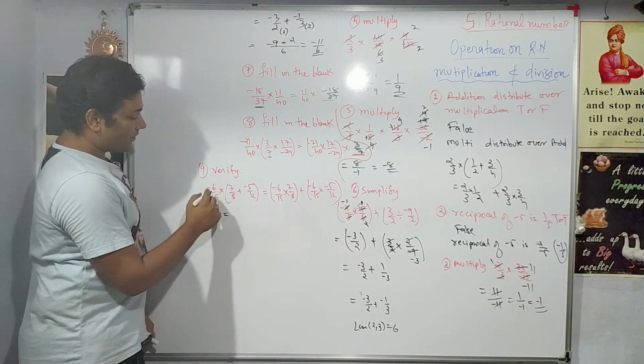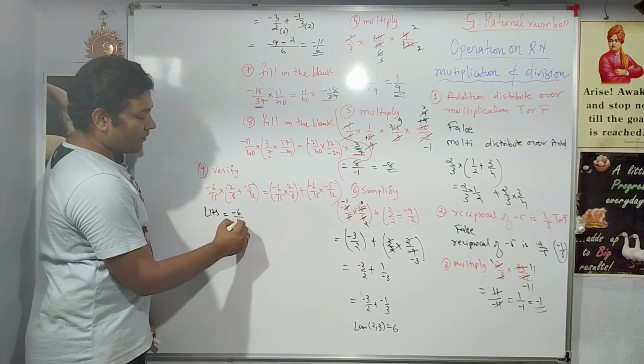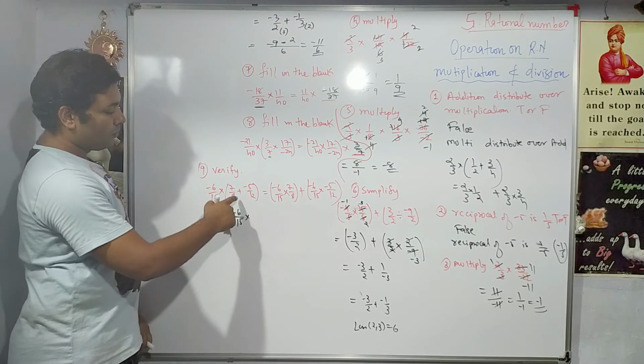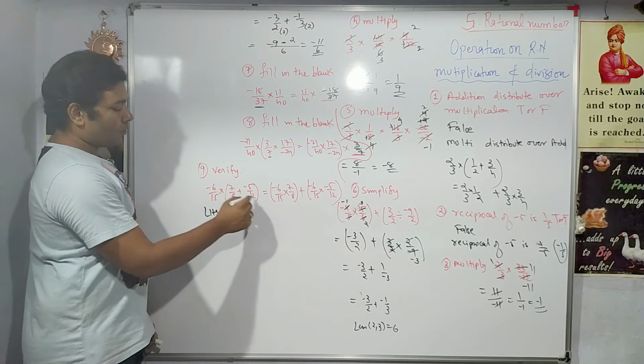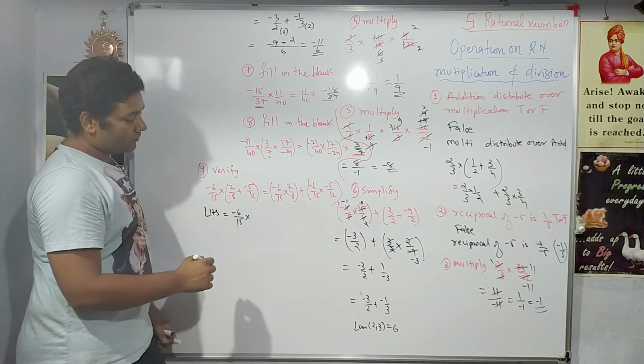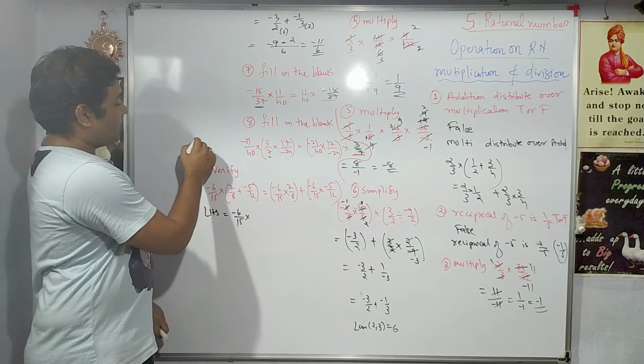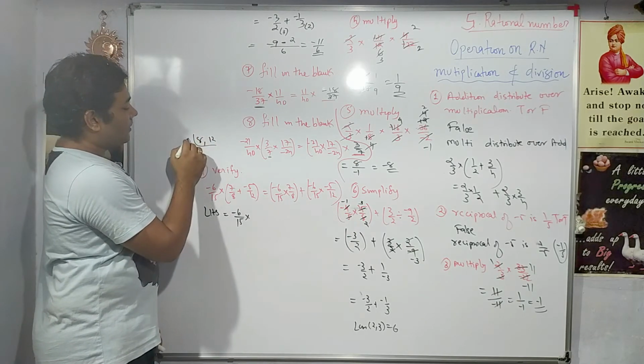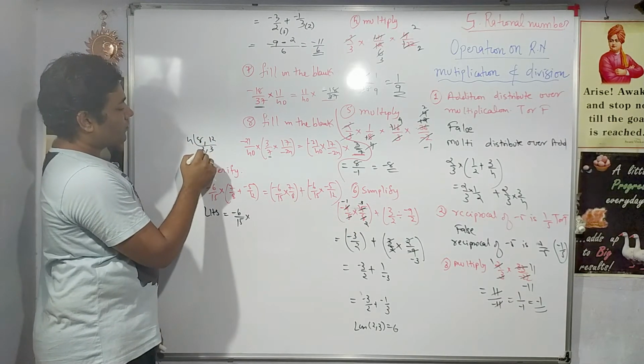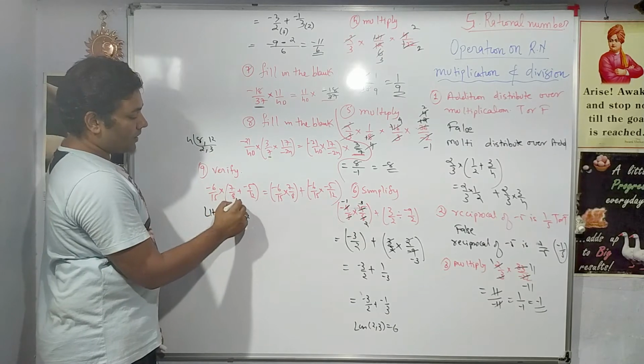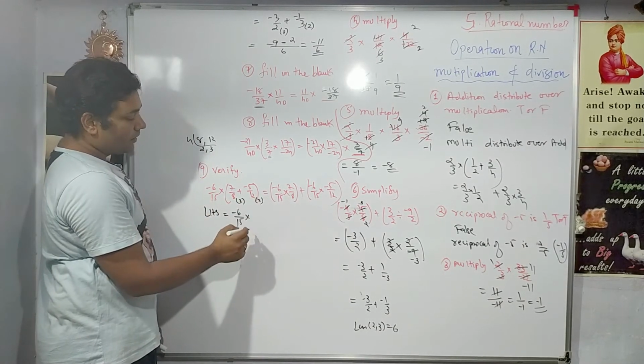So what will be on the left hand side? First simplify the bracket, that is a mathematical rule. So what will be the LCM of 8 and 12? 24. So you will multiply here 3 and here you will multiply 2.